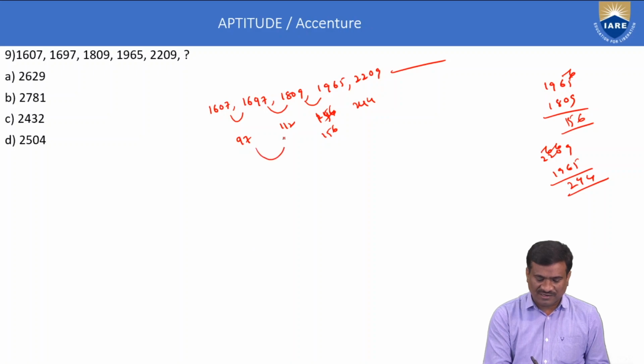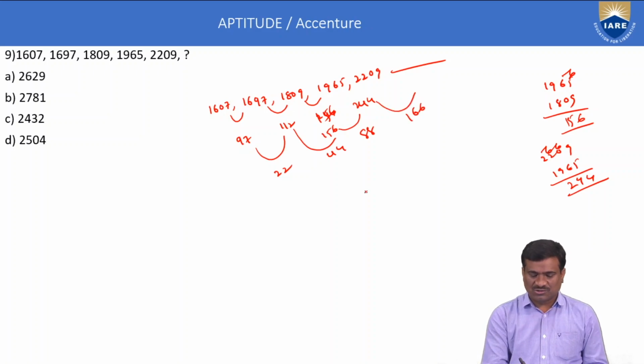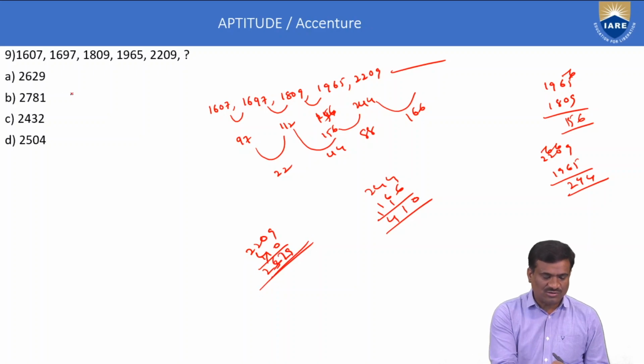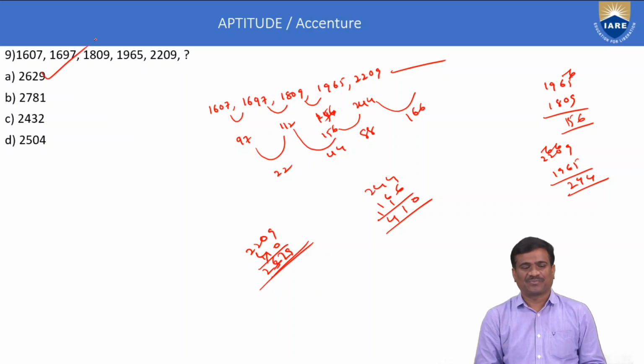Next, again the difference: 22, next 44, next 88, next 166. 244 plus 166 is 410. 410 plus 2209 is 2629. So option A only is correct.